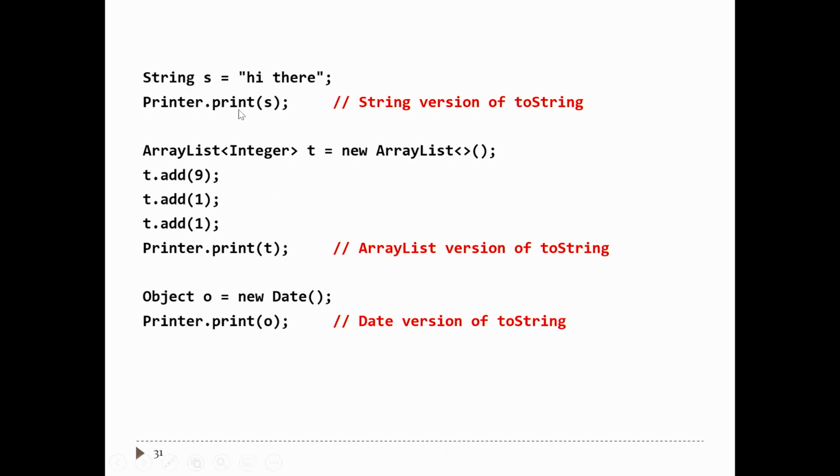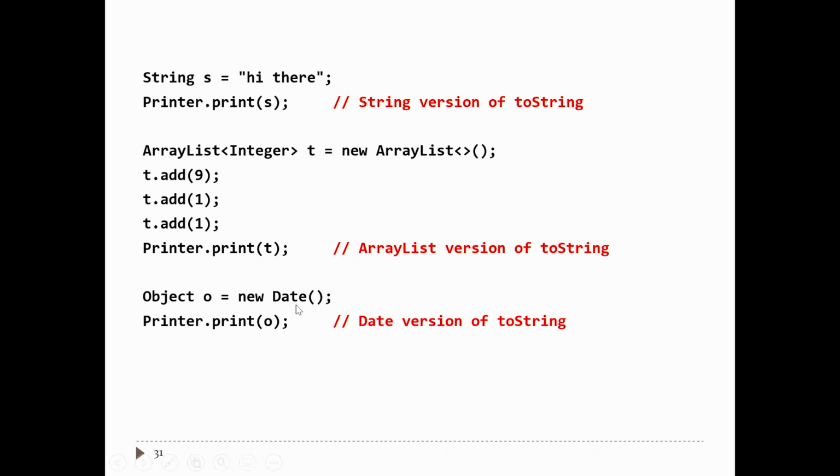If I print the string s, I get the String version of toString. If I print the list t, I get the ArrayList version of toString. And if I print the date o, I get the Date version of toString, even though o's declared type is Object. It's the runtime type that matters.